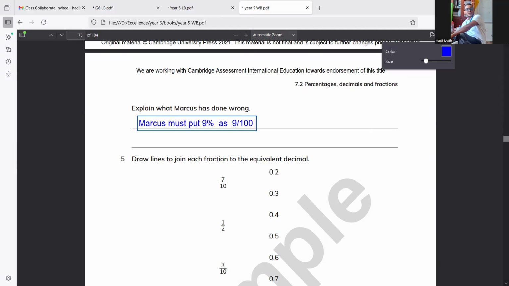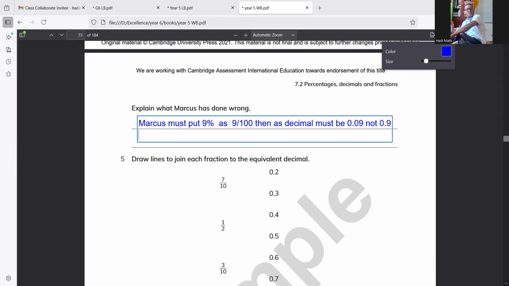When he put it as 9 over 100, then as a decimal it must be 0.09, not 0.9. And as a fraction, it must be 9 over 100, not 9 over 10.